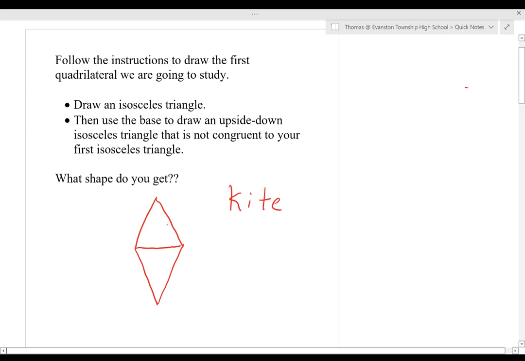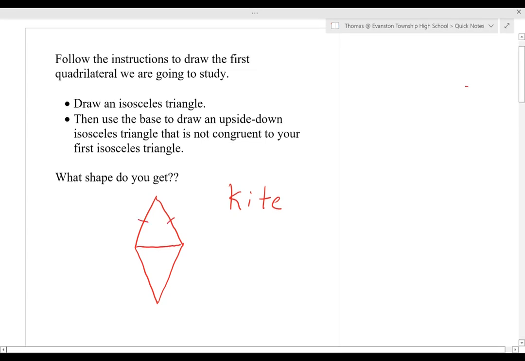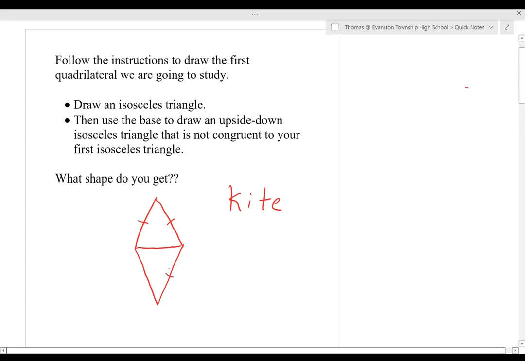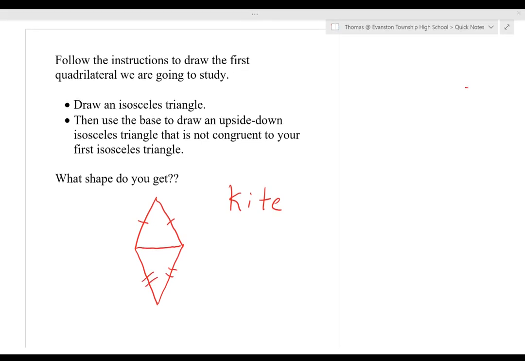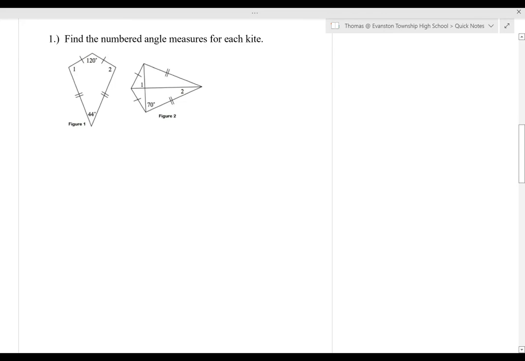I know that these sides are congruent, and I know that these sides are congruent. Okay, since we know we have two isosceles triangles butted up to each other, I know that the two base angles on each are going to be congruent.